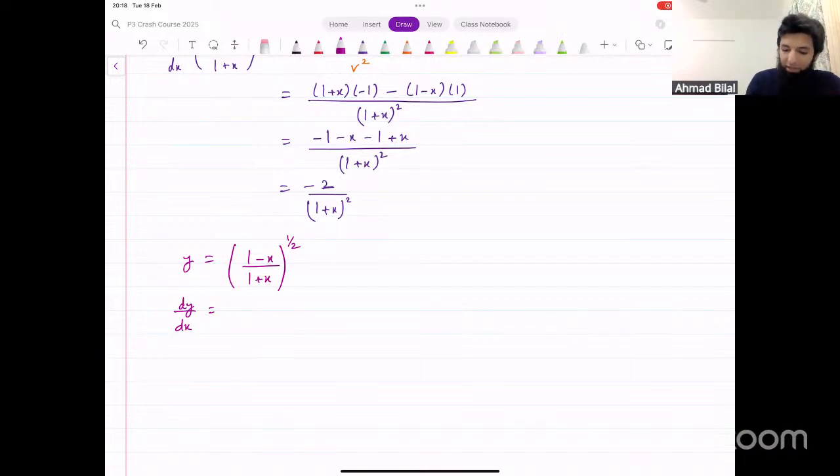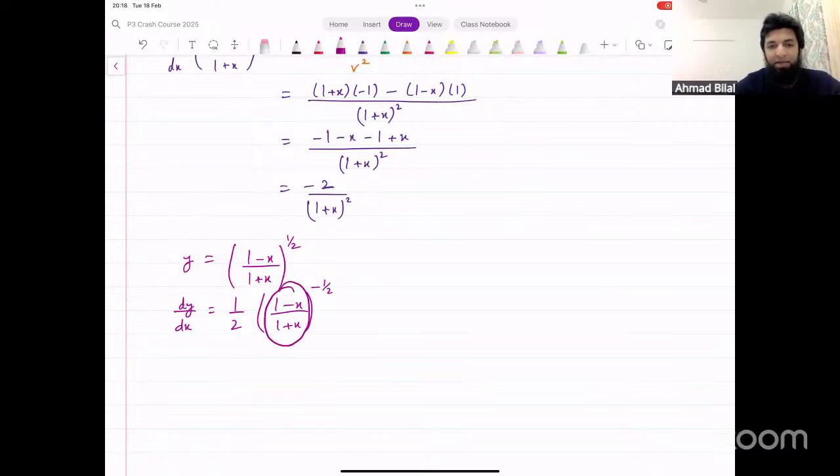Let's do that. Let's multiply by the power first. It becomes 1 over 2. Subtract 1 from the power. So (1 minus x) over (1 plus x) remains as it is. Subtract 1 from 1 over 2. What does that become? 1 over 2 minus 1, that's minus 1 over 2. Times the derivative of this, (1 minus x) over (1 plus x).